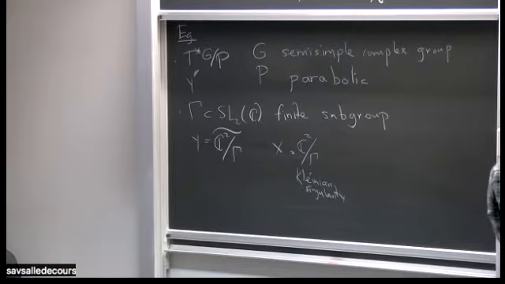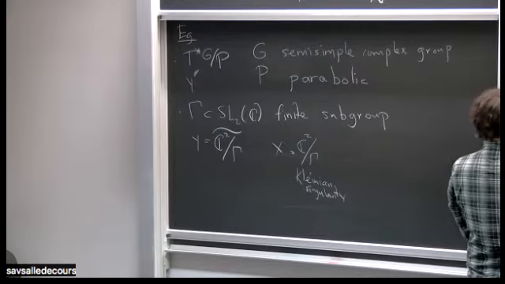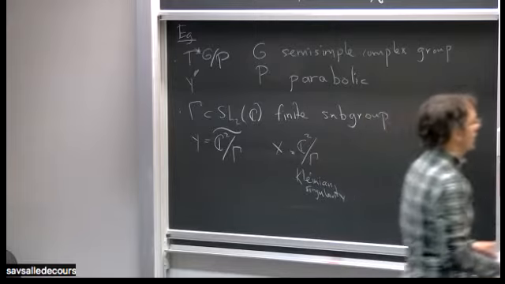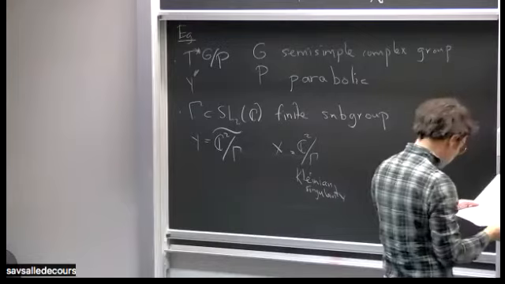The examples you should have in mind are GLn, or maybe some product of GLns, groups of invertible matrices. And N is some representation of G, a vector space with an action of G.